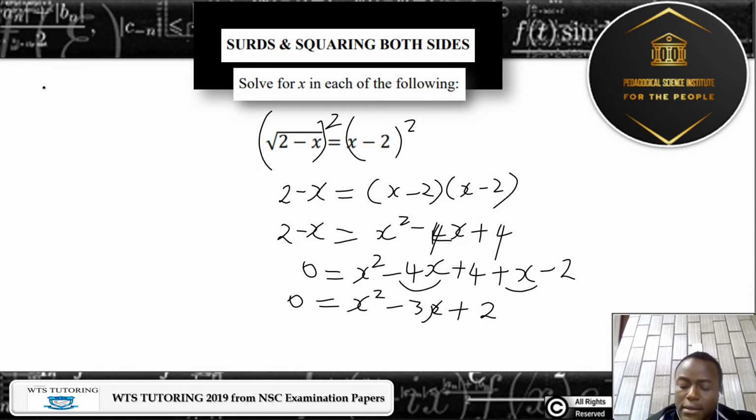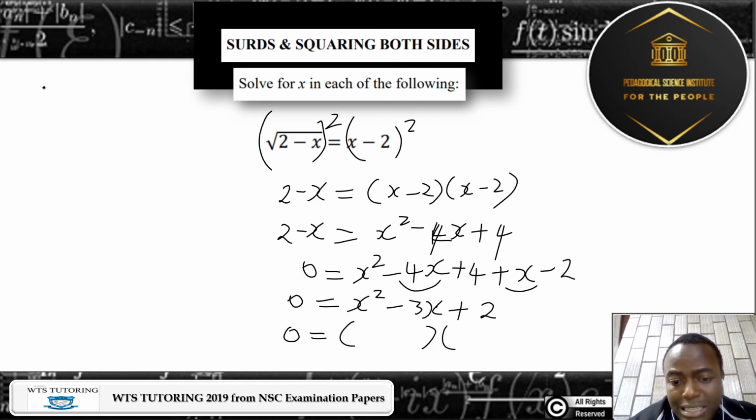Then we can factorize or use your quadratic formula. I've been saying this a lot. Just use your quadratic formula to be on the safe side. Remember, this is matric. You don't want to make any mistake, so it's better to stick with the quadratic formula. But if you're good at factorizing, just factorize.